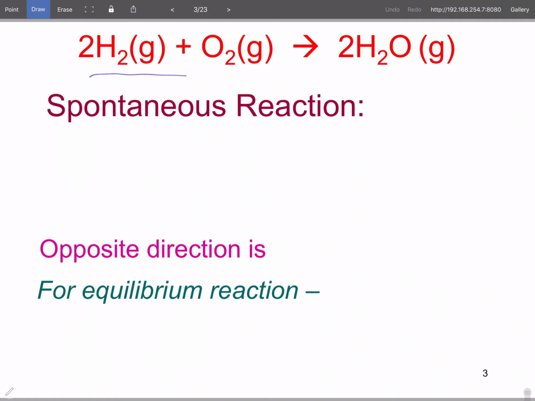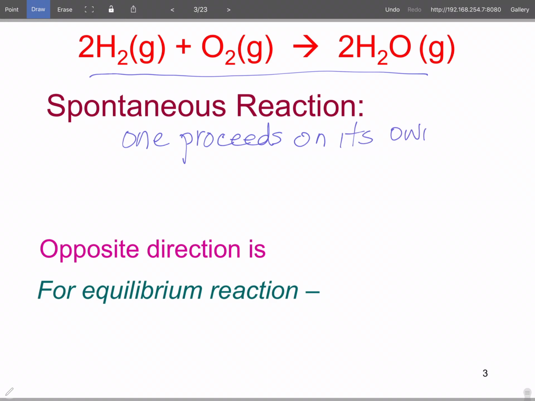For example, hydrogen and oxygen spontaneously do form water. But by definition, a spontaneous reaction is one that proceeds on its own without any outside interference.